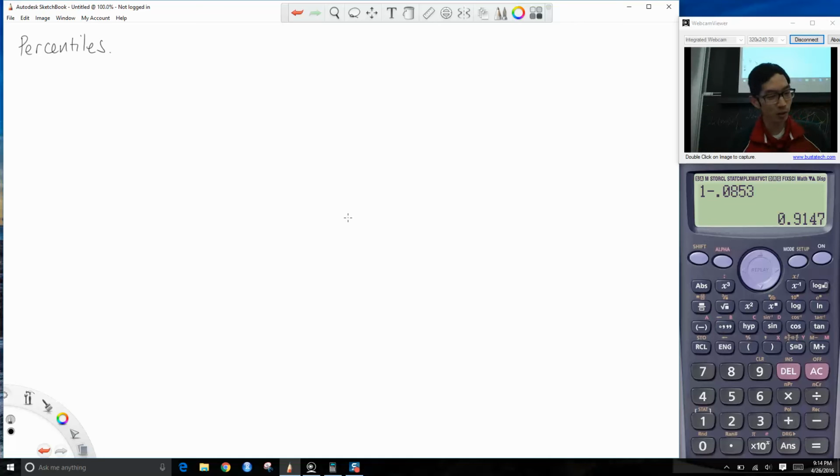Or maybe you've taken a standardized test like the SAT, and then you get your score back and it says your score's in the 80th percentile or something like that, okay? So what a percentile says is that it tells you what percentage of the data falls below that value, okay?